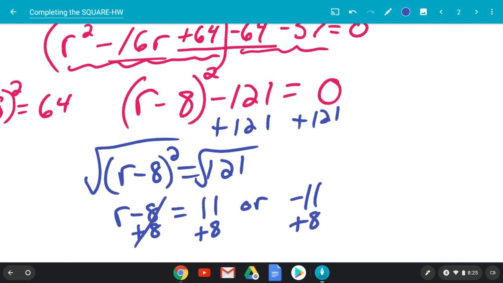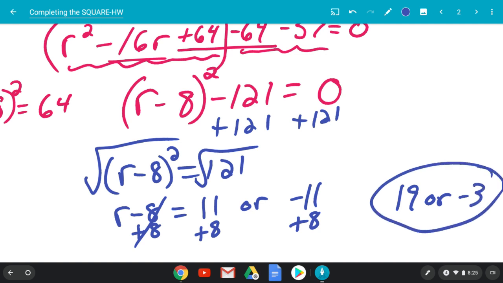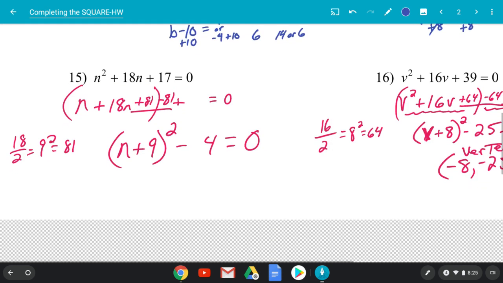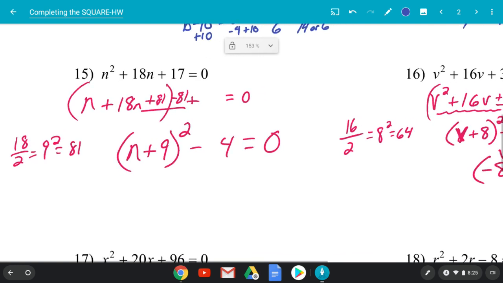So it cancels here. 11 plus 8 is 19, or negative 11 plus 8 is negative 3. Those are my two solutions. Those are the two places where it's going to cross the x-axis. All right, I'm going to blow your mind again on number 15, but I'm going to give you a minute to solve 15 by yourself. Go.